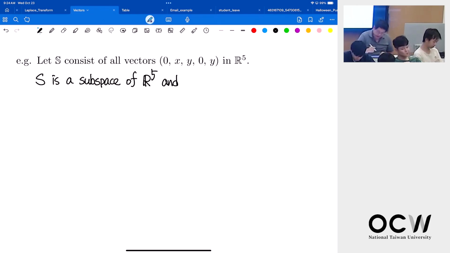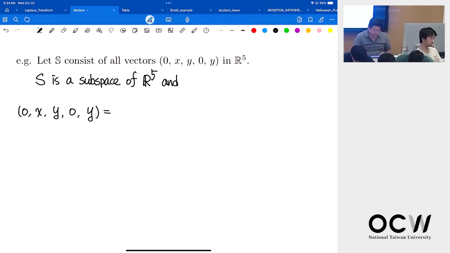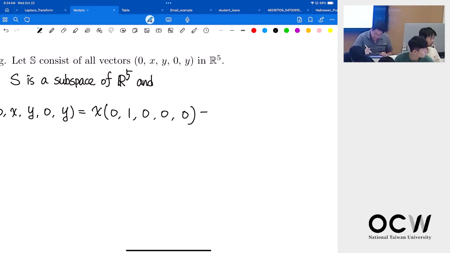And for all the vectors (0, x, y, 0, y), I can rearrange it, put x outside. What do we have? (0, 1, 0, 0, 0) plus, put y outside, (0, 0, 1, 0, 1).